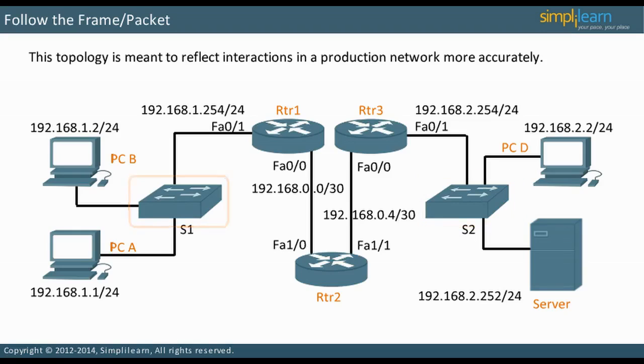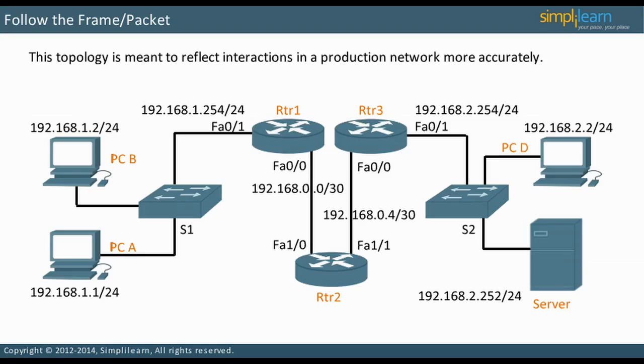The switch on the left is connected to two PCs, and the switch on the right is connected to a PC and a server. Here it is assumed that the end devices are in the same subnet, 192.168.1.0/24 for the two PCs, and 192.168.2.0/24 for the PC and the server.